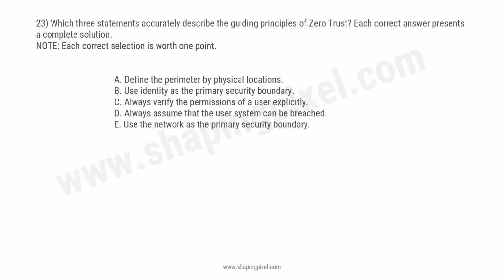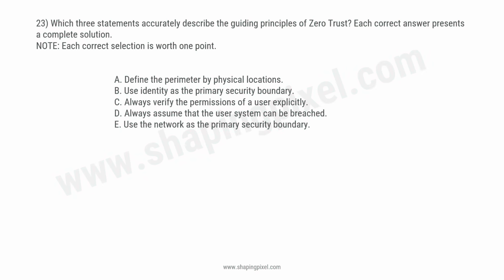Question number 23. Which three statements accurately describe the guiding principles of zero trust? Each correct answer represents a complete solution. So each correct selection is worth 1 point. And you have five options. Option A, define the perimeter by physical locations. Option B, use identity as the primary security boundary.